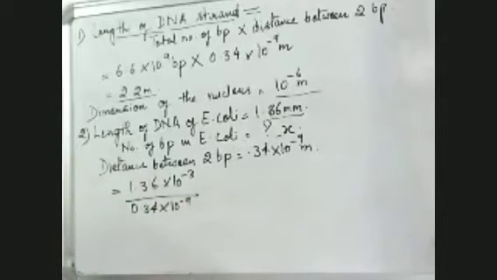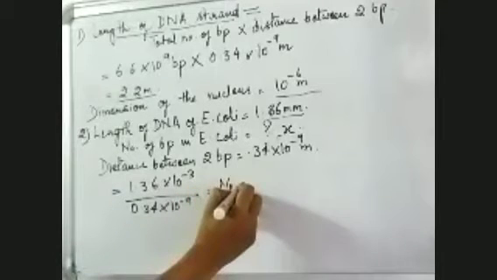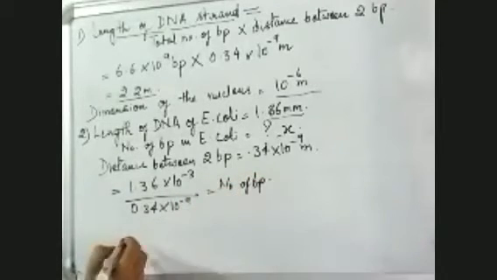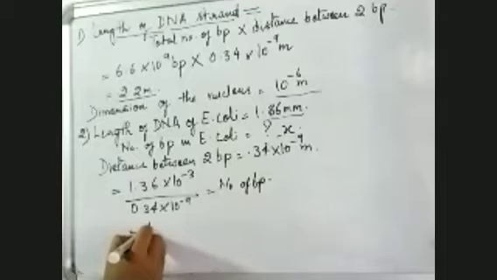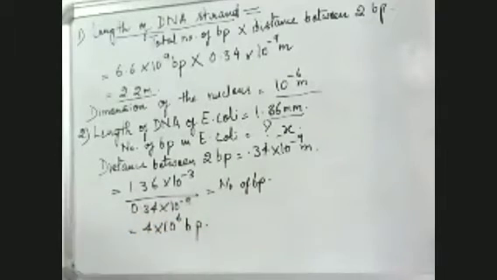Both have been converted into meters. That will give you the number of base pairs. So it comes to be about 4 into 10 raised to power 6 base pairs. These are the number of base pairs which are present. So these are the two questions which are given in your book.